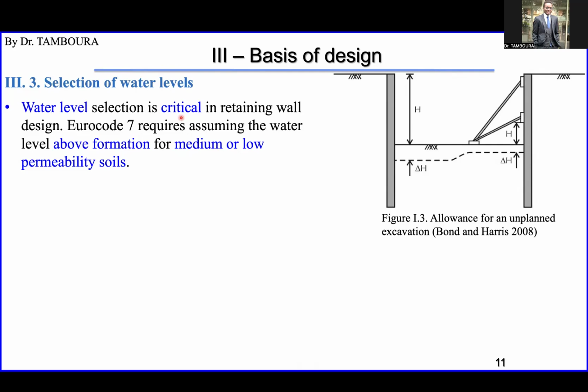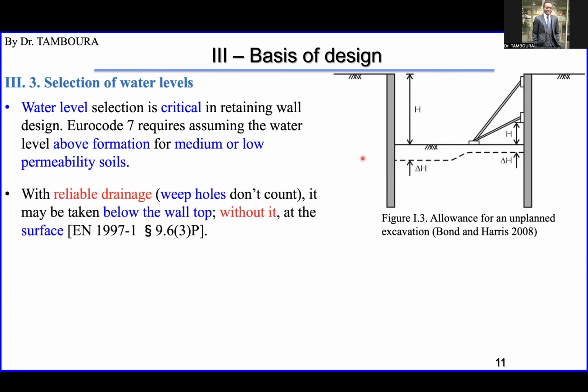For retaining wall design, Eurocode is asking to assume water level above the excavation level for low permeability soil. It means when you are dealing, for example, with clay, you have to assume that there is water above this line, this excavation level, above the formation.